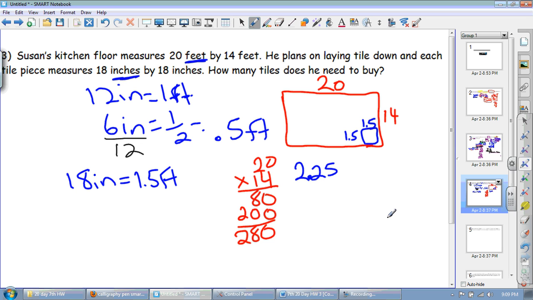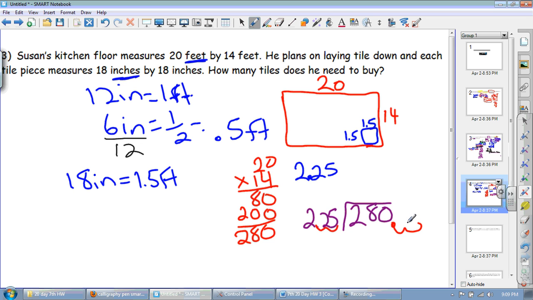Now we can take these two numbers, and to figure out how many little tiles fit, we just divide. So what is 280 divided by 2.25? Again, we don't want to mess with decimals, so we move this in 2 places. There's no decimal here, so we put it at the end, and we go 1, 2 places.